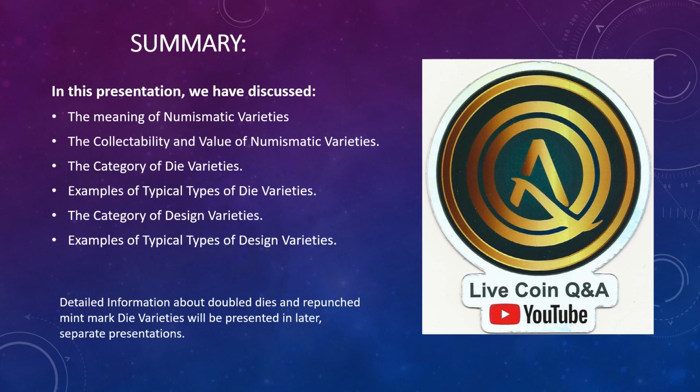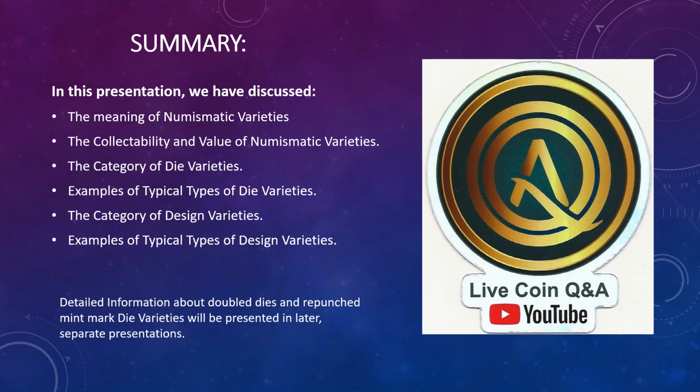In summary, in this presentation we have discussed the meaning of numismatic varieties, the collectability and value of numismatic varieties, the category of die varieties, and shown examples of typical types of die varieties. We discussed the category of design varieties and provided examples of some typical types of design varieties.